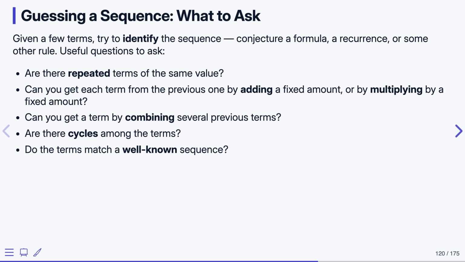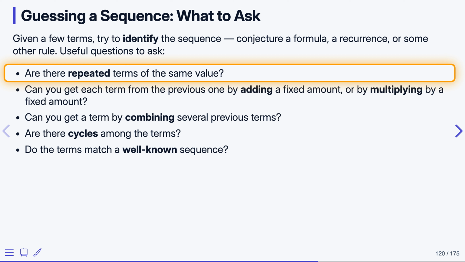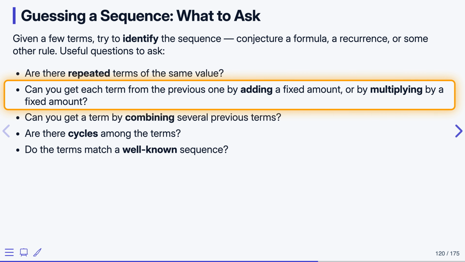Sometimes we are given only the first few numbers of a sequence and asked to find a rule that fits. This is detective work, and this checklist guides the guessing. First, are any values repeated? Second, can you get from one term to the next by always adding the same amount, which suggests an arithmetic sequence, or by always multiplying by the same amount, which suggests a geometric one?